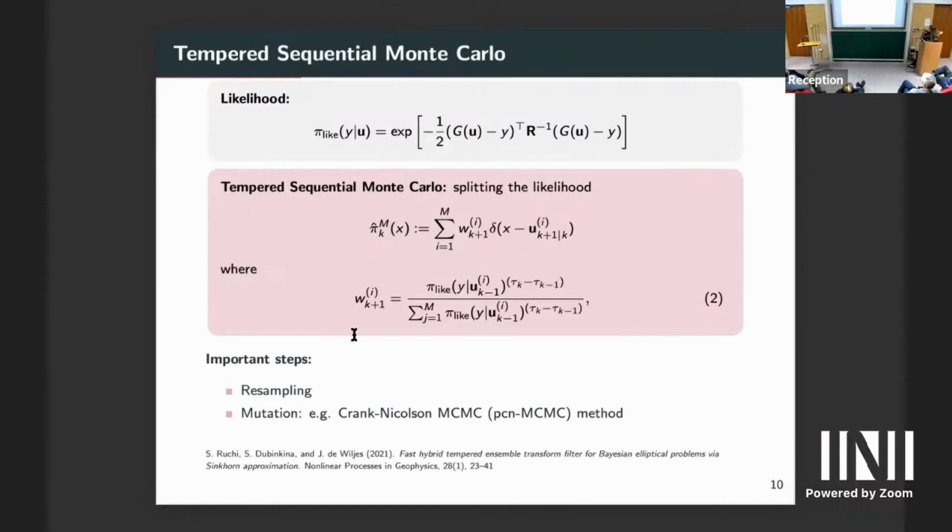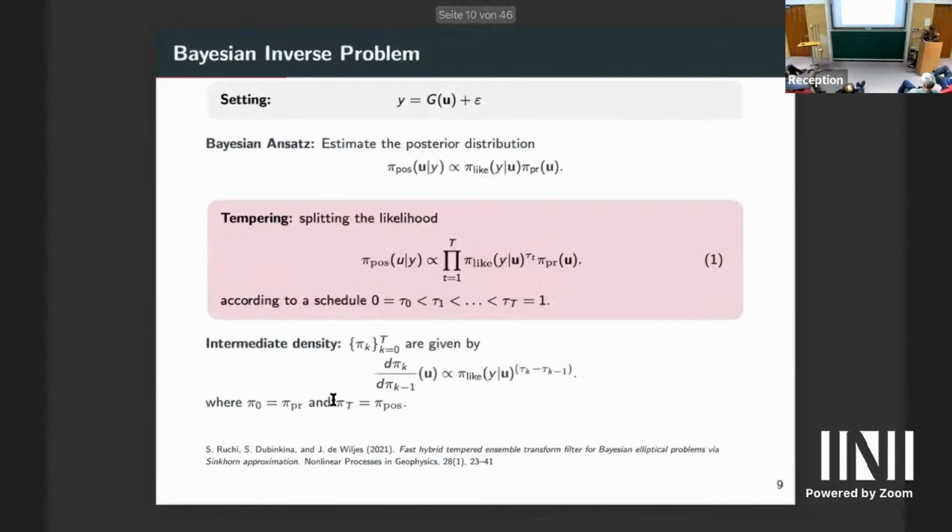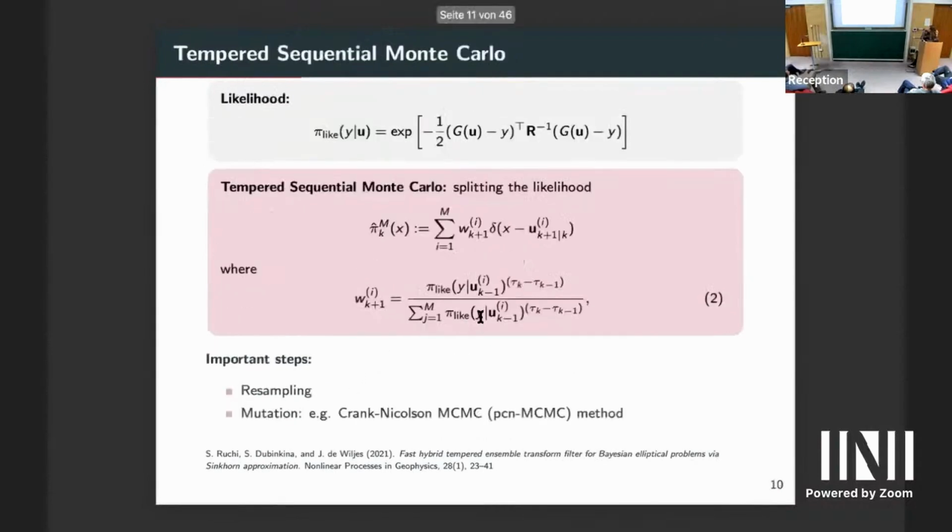I can still use this empirical ansatz, but what I do now is calculate the intermediate weights, and this K stands for the intermediate density, the one down here. This is how I calculate the weights, and if I continue to do that till the end of the schedule, then I also end up with the true posterior, should I be able to generate enough samples.